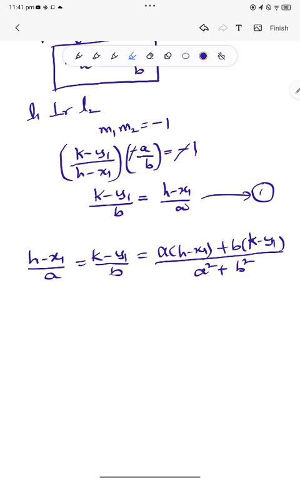Now we will multiply a inside, so you will get (ah − ax1 + bk − by1)/(a² + b²).